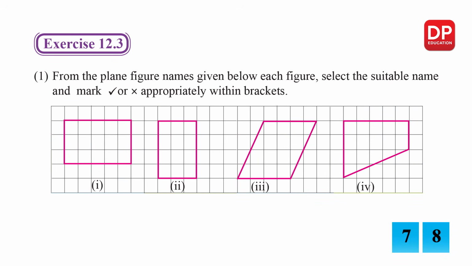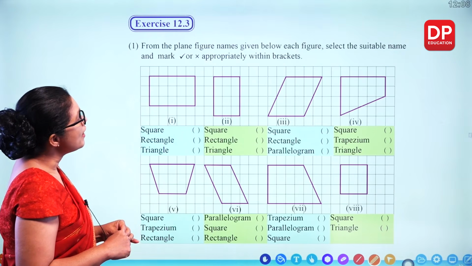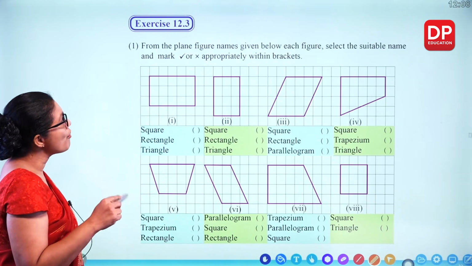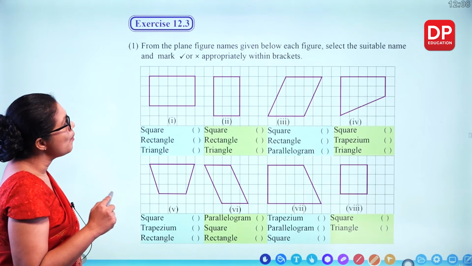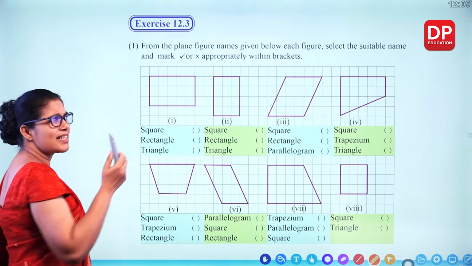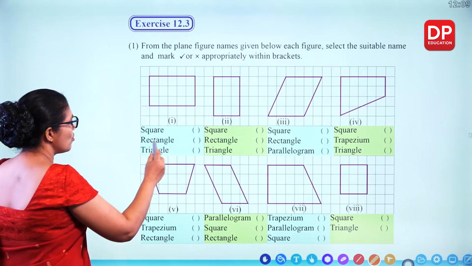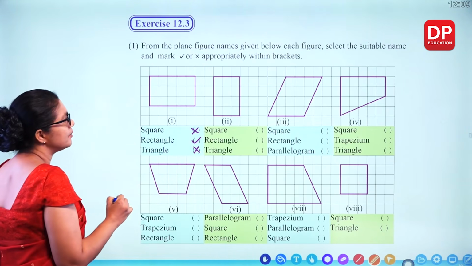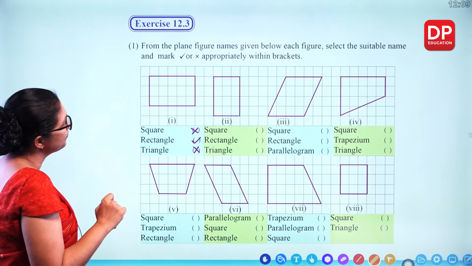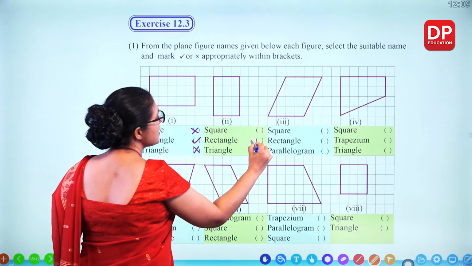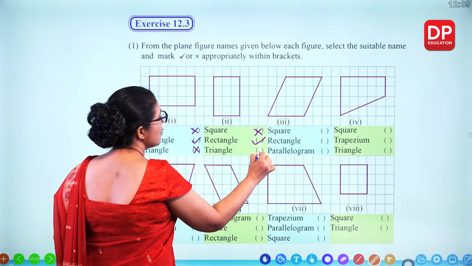Now we'll do exercise 12.3. From the plane figure names given below each figure, select the suitable name and mark correct sign or wrong sign appropriately within brackets. So this shape, what's that? A rectangle. So it's a rectangle, not a square, not a triangle. Second one, opposite sides are equal. That's also a rectangle, not a square, not a triangle.